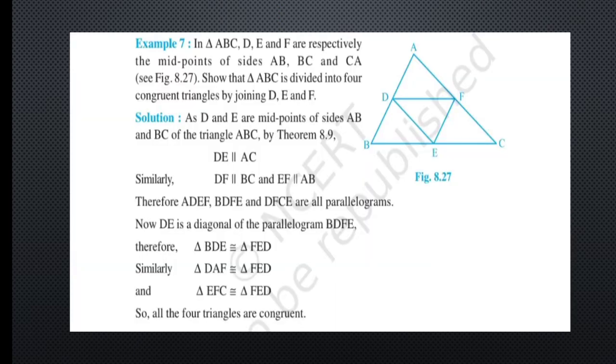Now we will discuss one sum. The sum states: in triangle ABC, D, E and F are respectively the midpoints of AB, BC and CA.